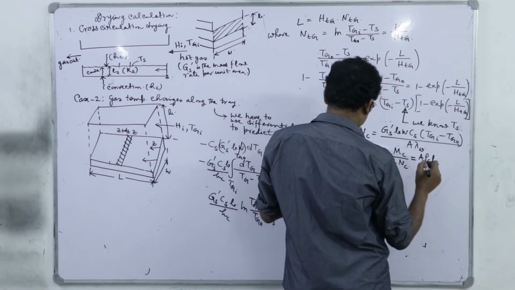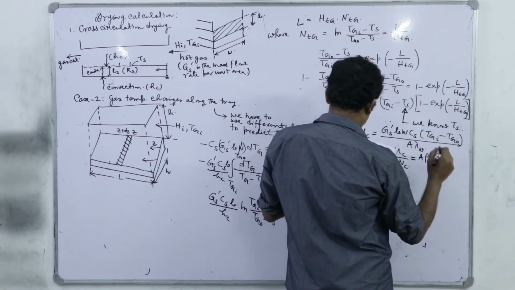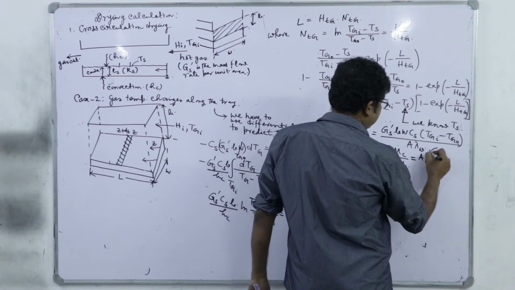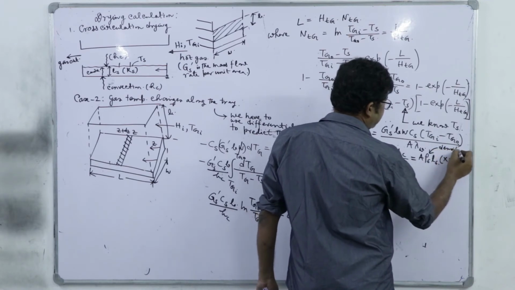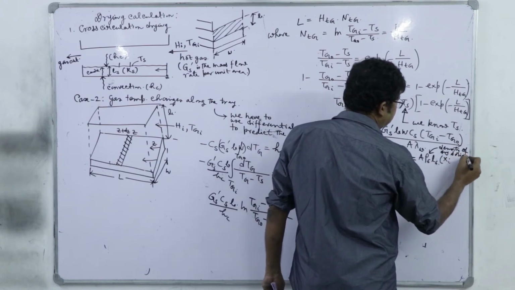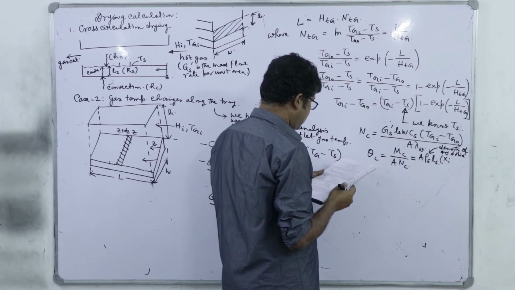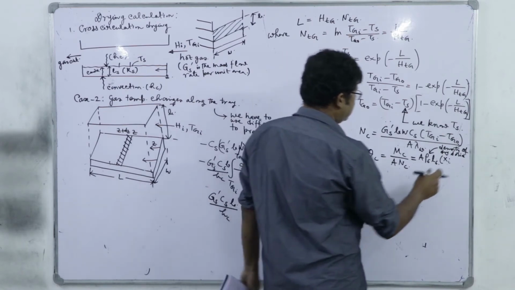Rho S is the effective density, it is the density of dry solid, right, A into rho S into LS, the quantity of moisture to be removed, right.